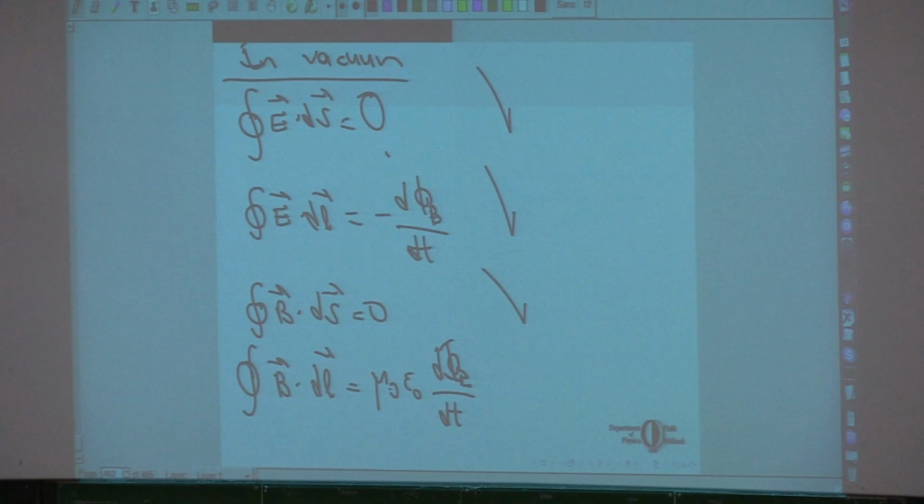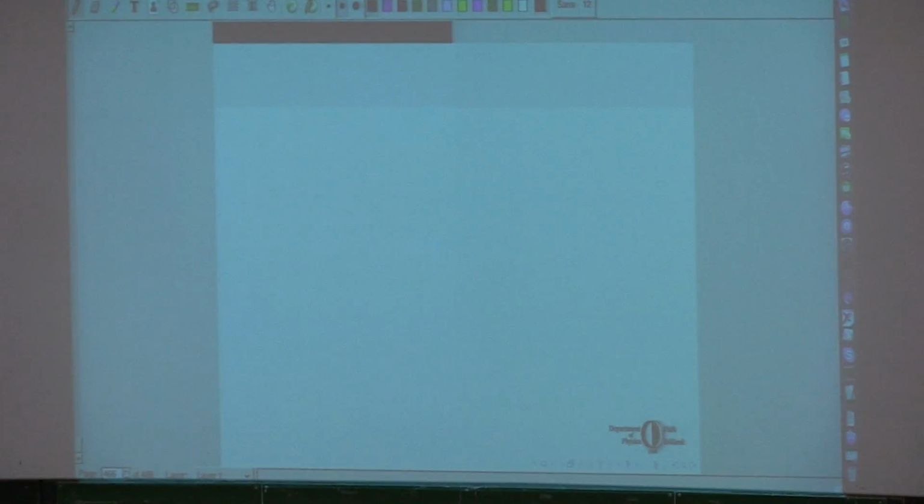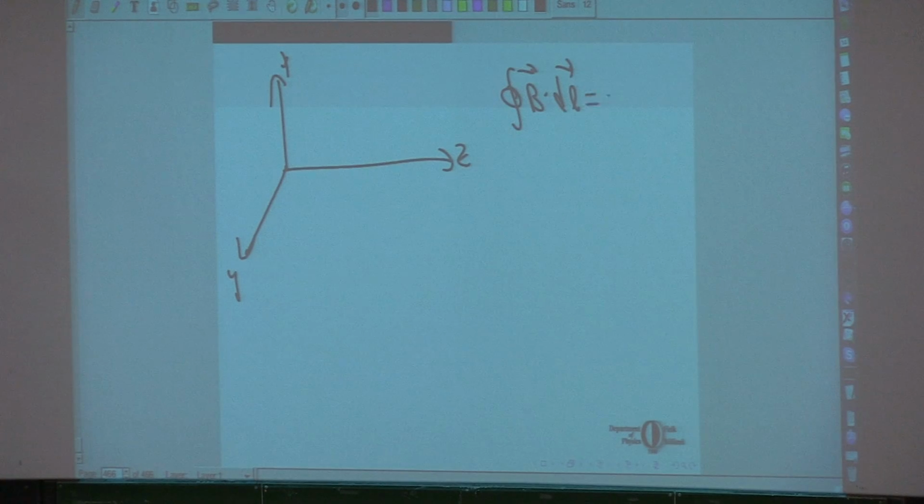So under which condition does our solution satisfy this equation? X, Y, and Z. And we have to determine a condition under which this is also true.